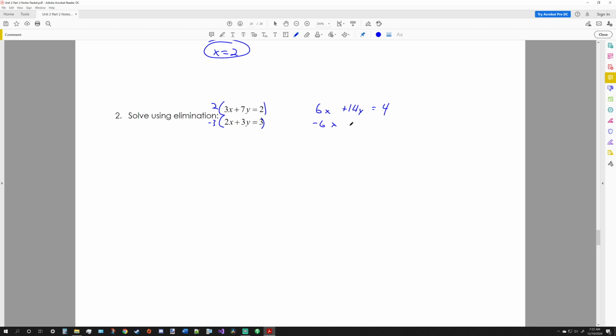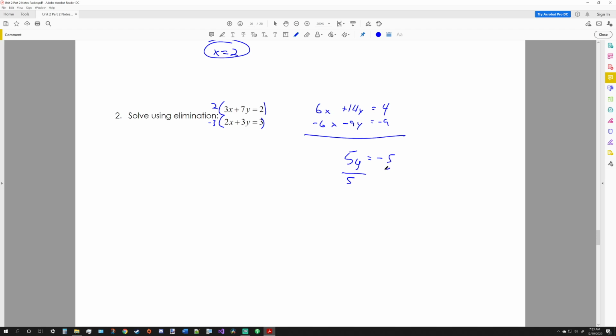Negative 6x minus 9y equals -9. Combine, that's gone. 14y, negative 9y, so 14y minus 9y is 5y. 4 minus 9 is -5.